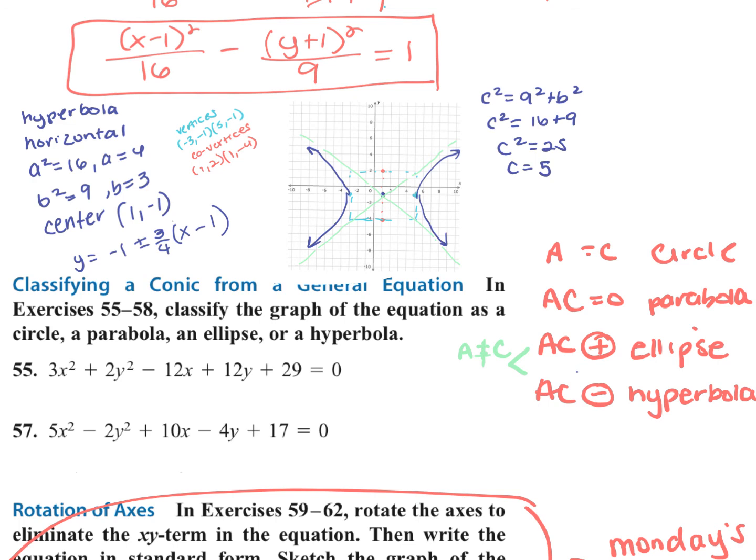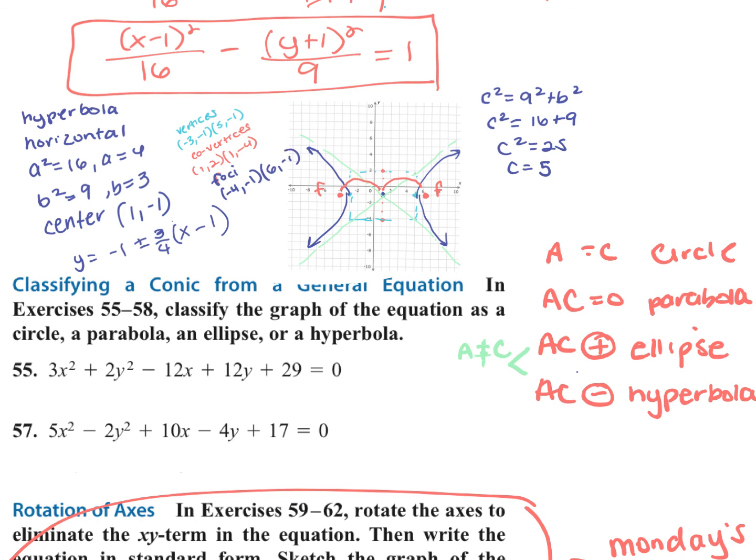So I'm going right and left 5 from my center. So I go right 5, and I go left 5, which means my foci, let me do a different color, are -4, -1, and 6, -1.